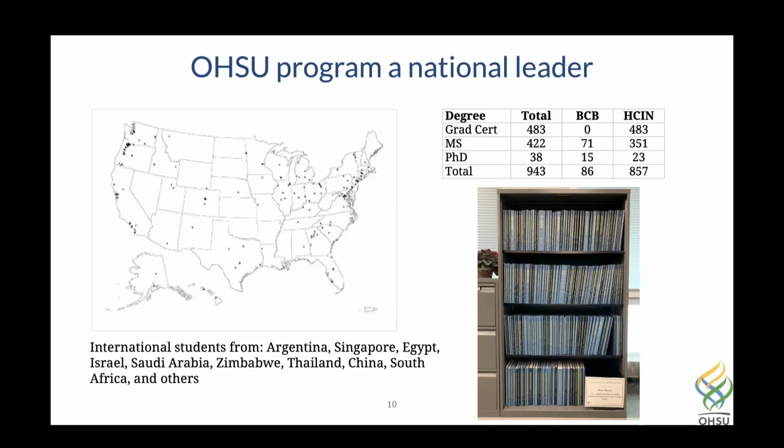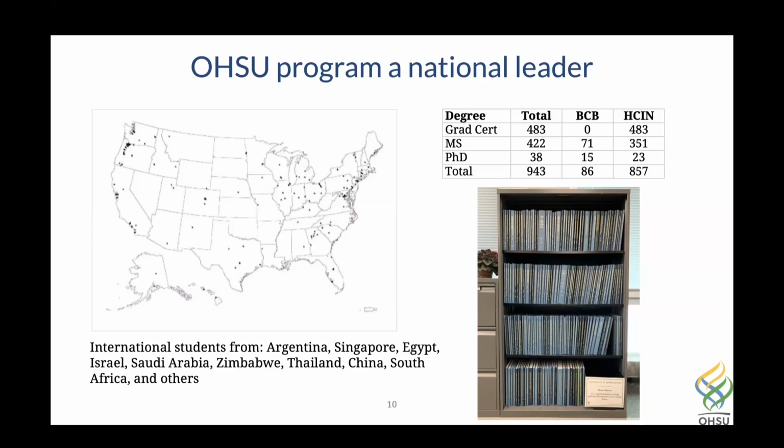You see the numbers, the little table up in the upper right, which shows the degrees and certificates, graduate certificate, master's, PhD, mainly in what we call health and clinical informatics, which is the curriculum that most fellows take. We have another second program, a smaller program, bioinformatics and computational biomedicine.